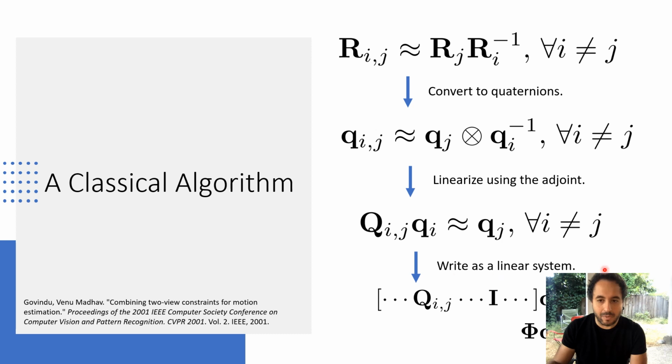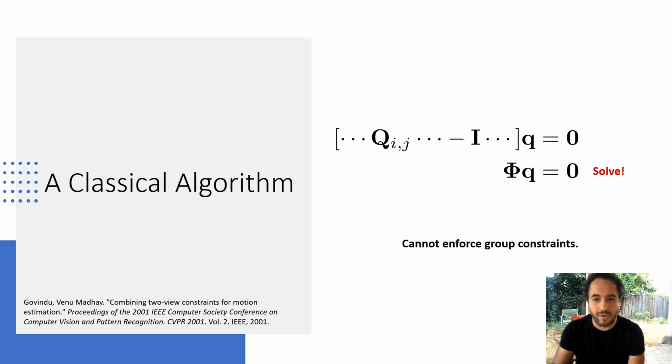If I have multiple observations coming from all the edges, I could actually write up a matrix and stack up all the quaternions that I would like to find into Q, and write this linear system, a homogeneous one, and solve it. Well, there's a closed form solution. It's nice and beautiful, easy to solve, nice to formulate. However, we cannot really enforce the group constraints, right?